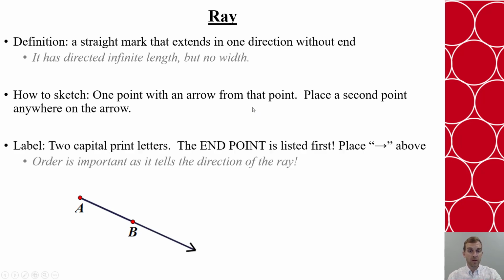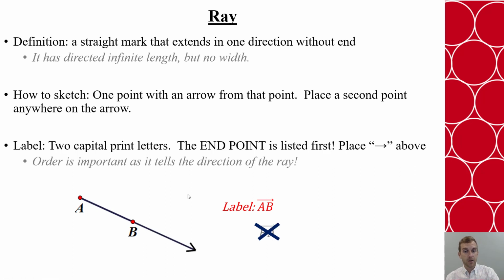That means that when we label it, we need 2 capital print letters, but the first one is always the endpoint, and we put the ray symbol over top to help us represent it. So in this case, we would call this ray AB because it starts at A and goes through B. We would not call it ray BA because then we would be going the opposite direction. So do not use it.